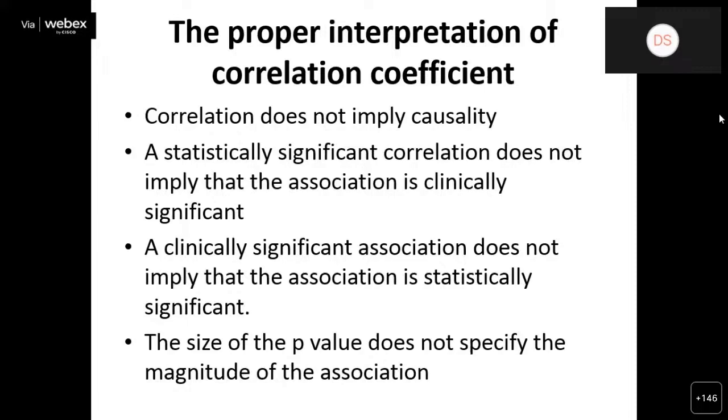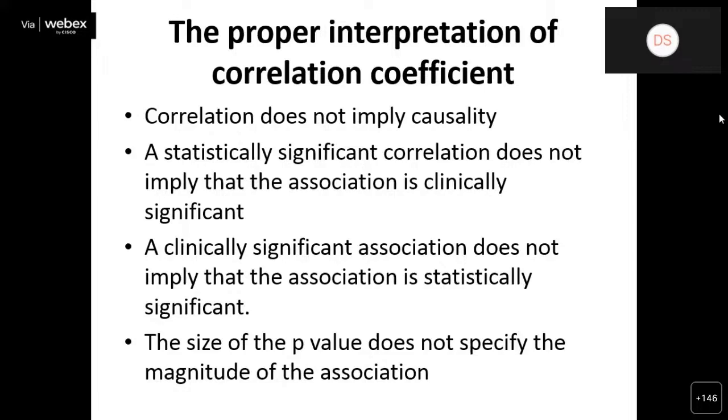In one place, they get a correlation coefficient of 0.9, which is not statistically significant. Is it important? In another place, the correlation coefficient is only 0.2, but it is statistically significant. Which is important? I will say we should look into both parts: one is statistical significance, another is the magnitude of the association.